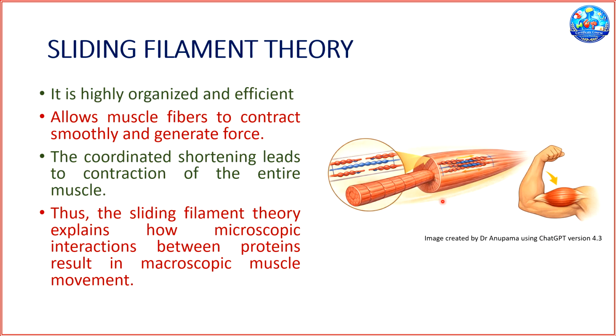This coordinated shortening of multiple sarcomeres across the length of the muscle, this is the sarcomere, and such contractions happening across the length of the entire muscle leads to contraction of the muscle. Thus, sliding filament theory explains how microscopic interactions between proteins result in macroscopic muscle movements.